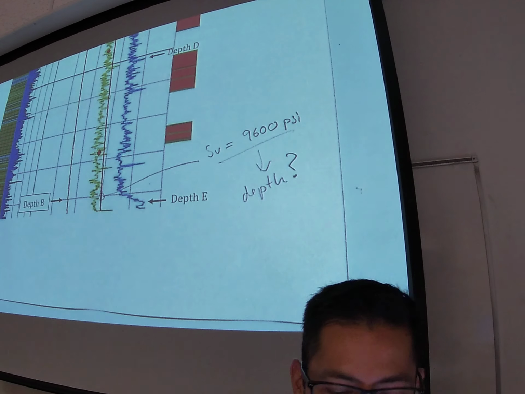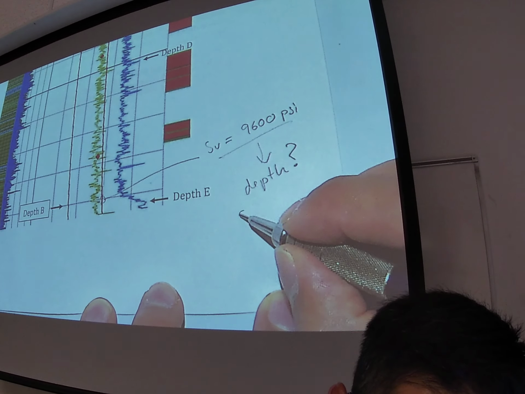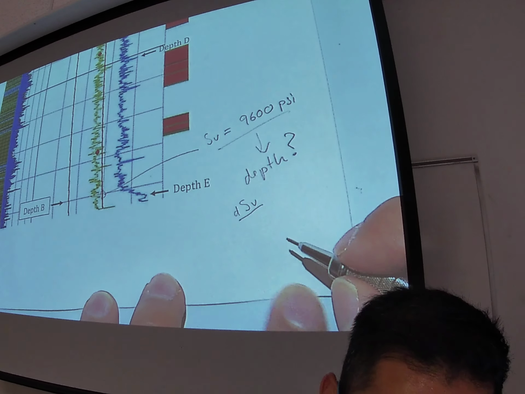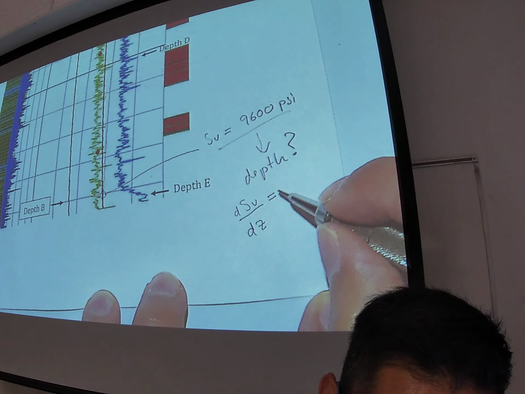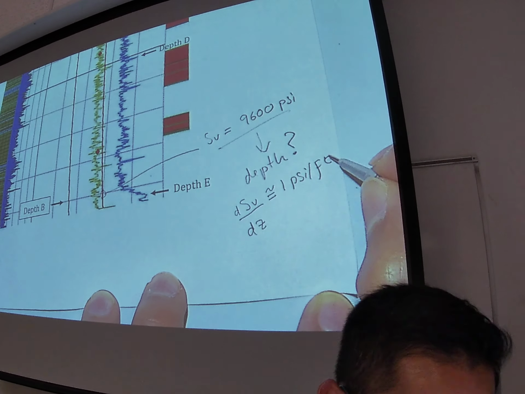9,600 feet. Why do you say that, Jack? Normally it's 1 psi per foot for overburden stress. The gradient of overburden or total vertical stress for typical rocks is about 1 psi per foot.